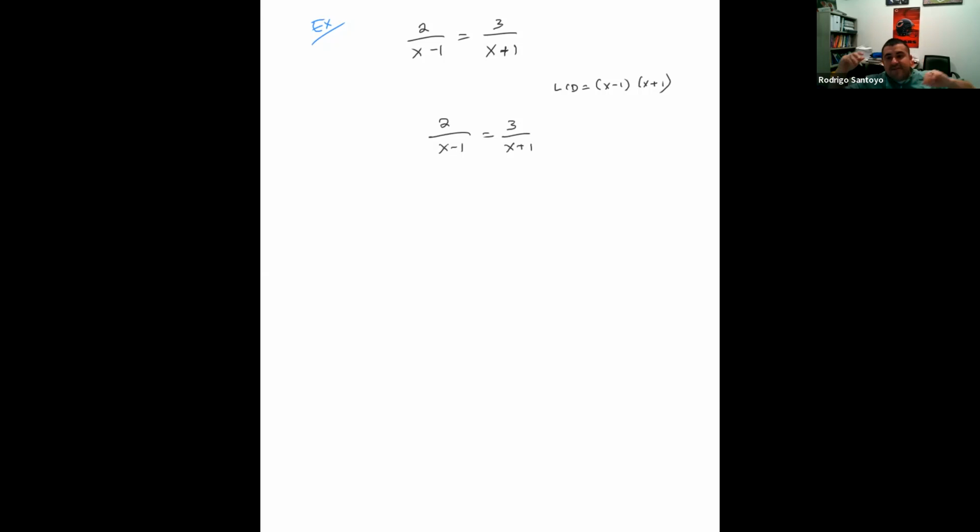So we're multiplying the first fraction by something and the second fraction by something because we want both denominators to be the LCD. It looks like the first one will be multiplied by x plus 1. The second one will be multiplied by x minus 1.